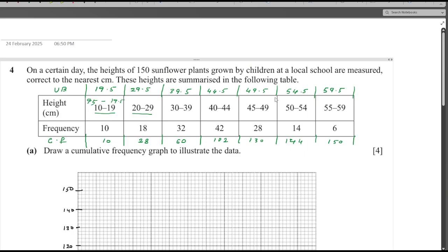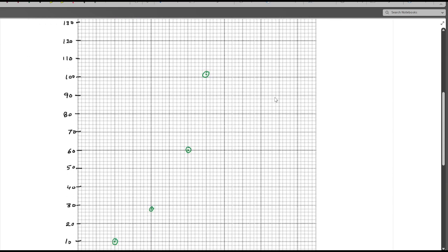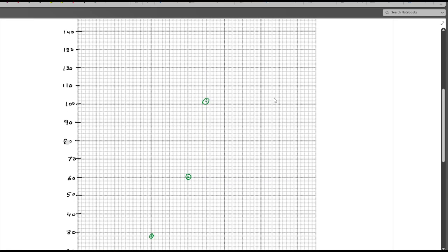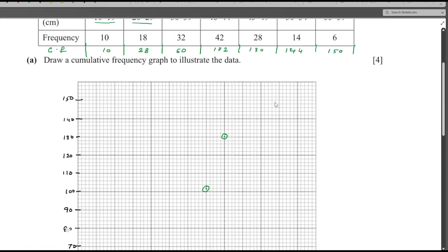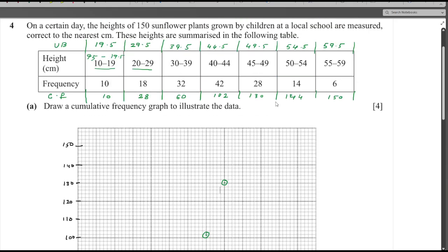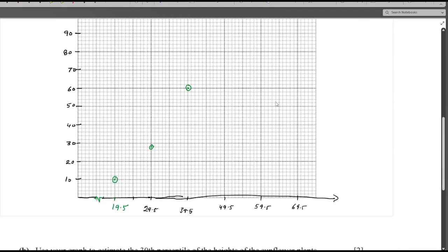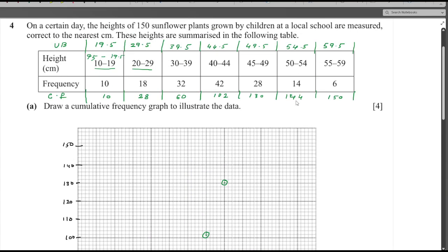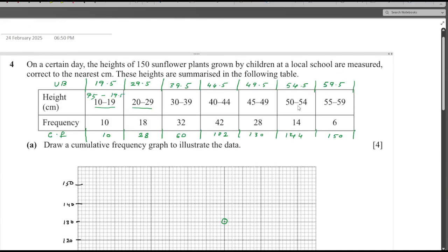Then for 49.5, it is 130. And then for 54.5, it is 144, and 54.5 will be here.